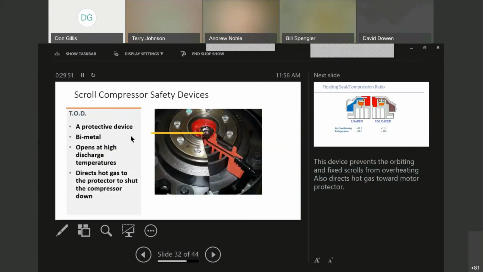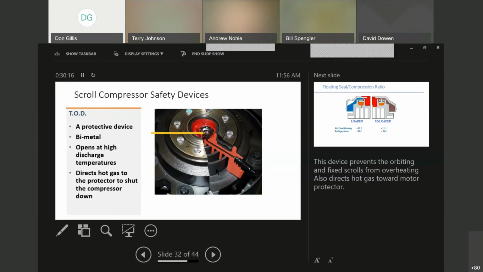Here's the TOD. Again, the TOD is another protective device. It is a bimetal, sort of like the ASTP we talked about the other day, and it opens on high discharge temperature. So when that gets to a certain heat, those two metals react differently, and it opens up, okay? And then it shoots that direct hot gas to the protector to shut the compressor down.